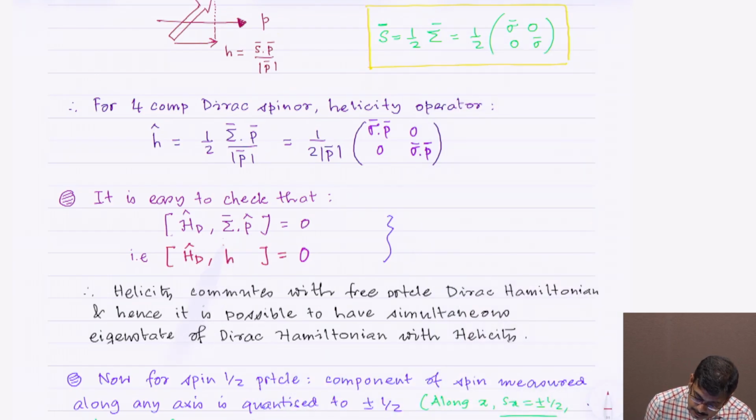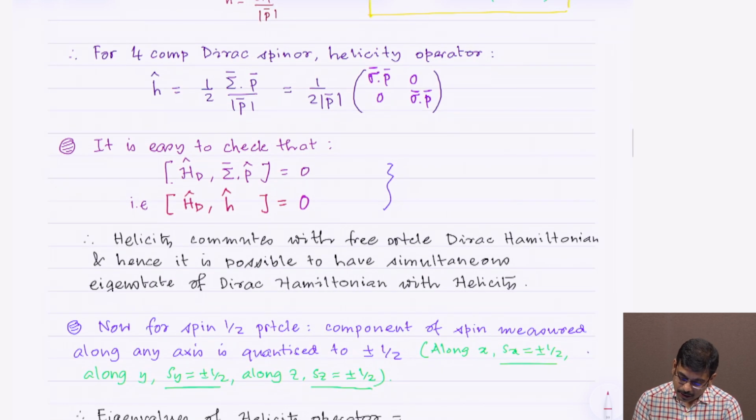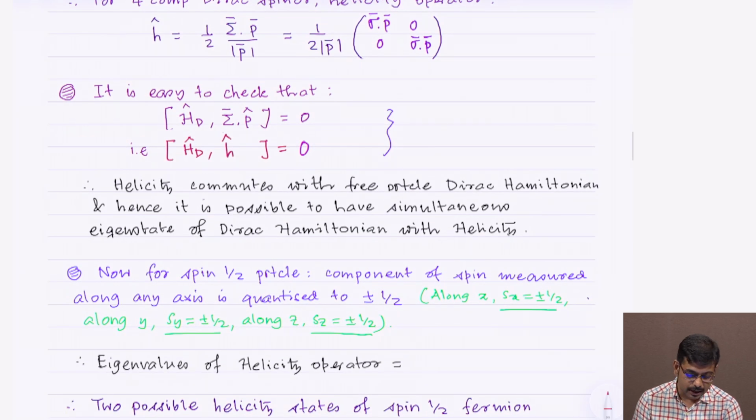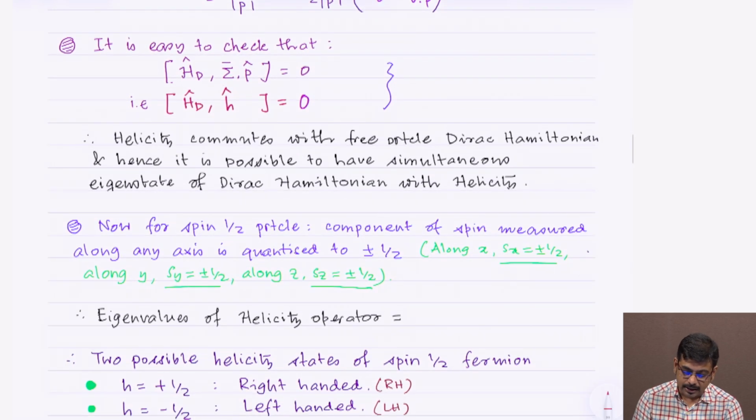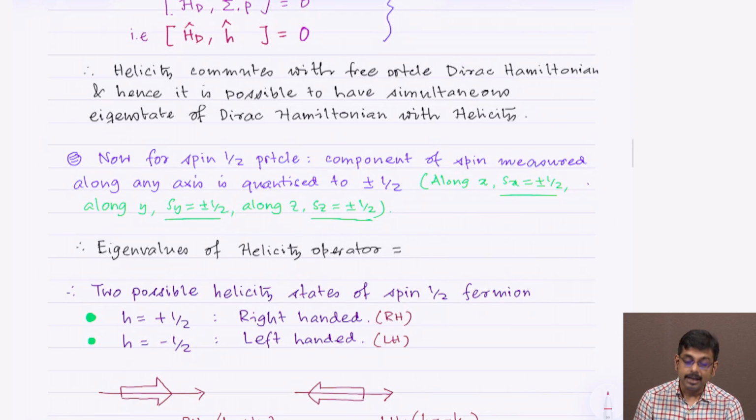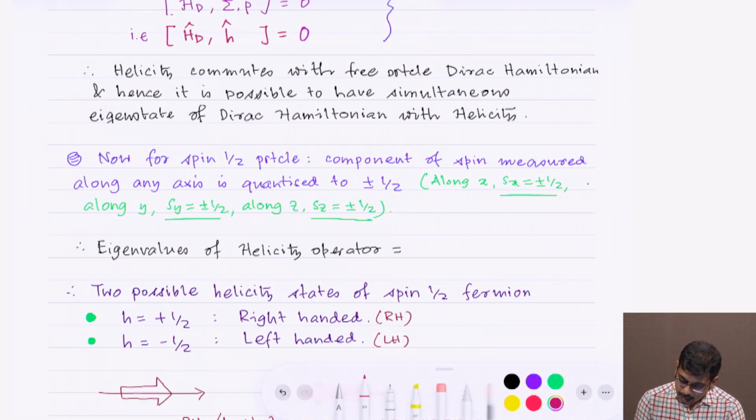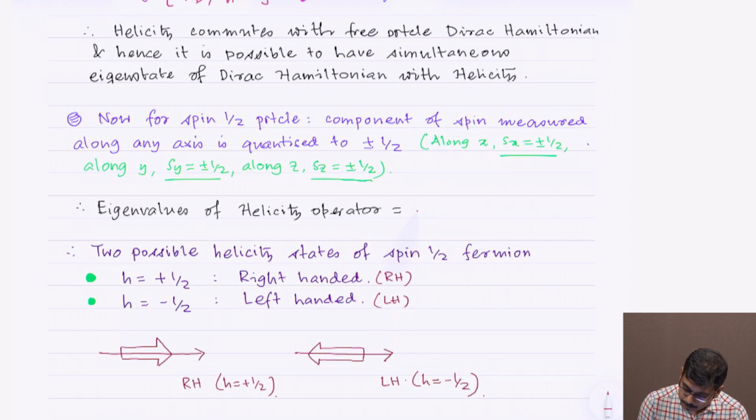So, helicity is the closest to the spin that will have a simultaneous eigenstate with the Dirac Hamiltonian. Helicity commutes with the free Dirac Hamiltonian, and hence it is possible to have a simultaneous eigenstate of the Dirac Hamiltonian with helicity. Because spin will always be quantized to the values of plus minus half, the helicity will have eigenvalues of plus and minus half.